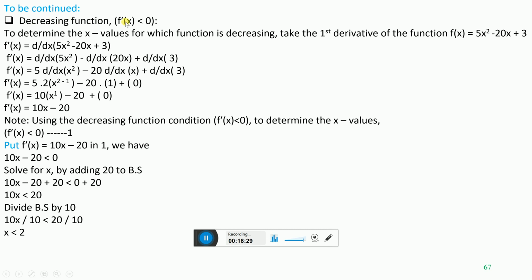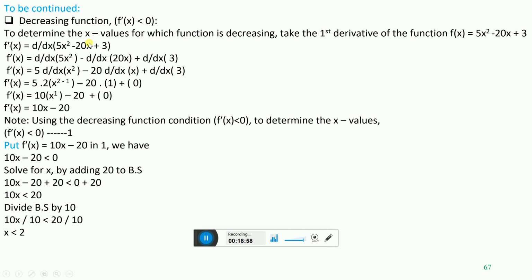So the decreasing function condition is f prime of x must be less than 0, meaning the first derivative for the x value must be negative. If the first derivative of the function for the given x value is negative, then this function is a decreasing function. I am again repeating, if the first derivative of the function for the x value is negative, then the function is a decreasing function.